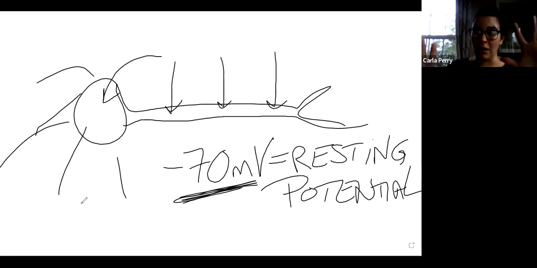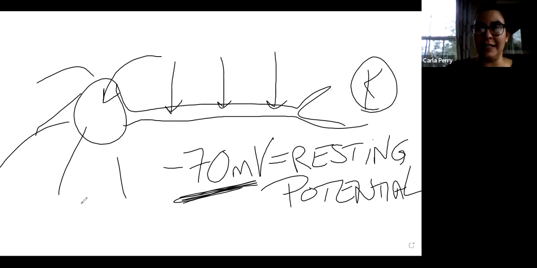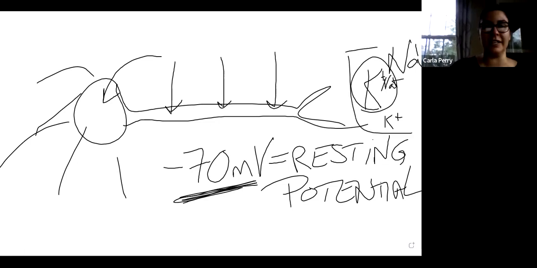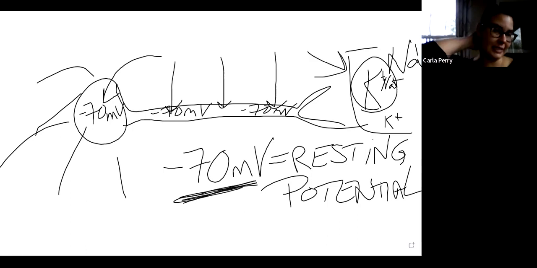All cells, remember, have a high concentration of potassium on the inside, high concentration of sodium on the outside. Just like I drew with this circle here, that's the case for this cell. So the inside of the neuron sits at negative 70 millivolts, negative 70, all down the axon. And the ion distribution is just like we drew here, except it's in this funny shaped neuron.